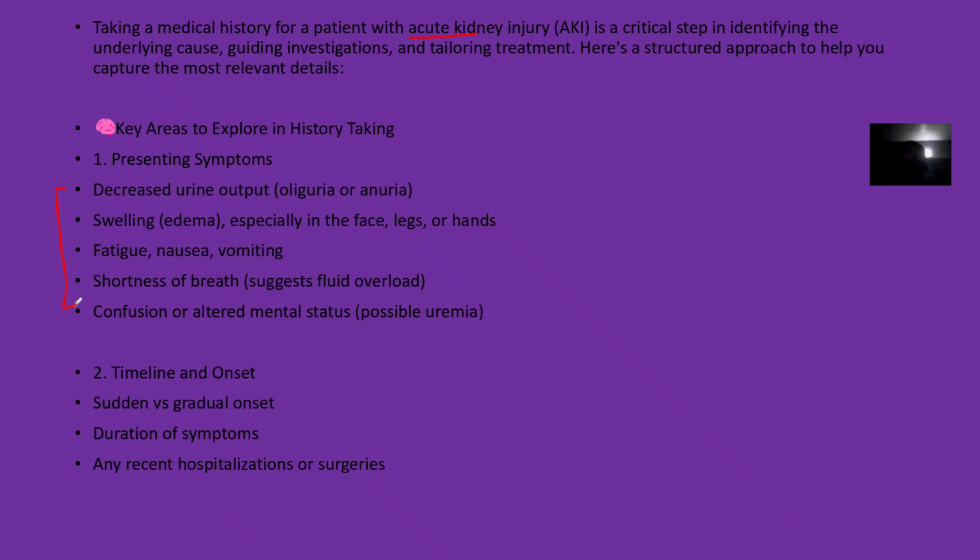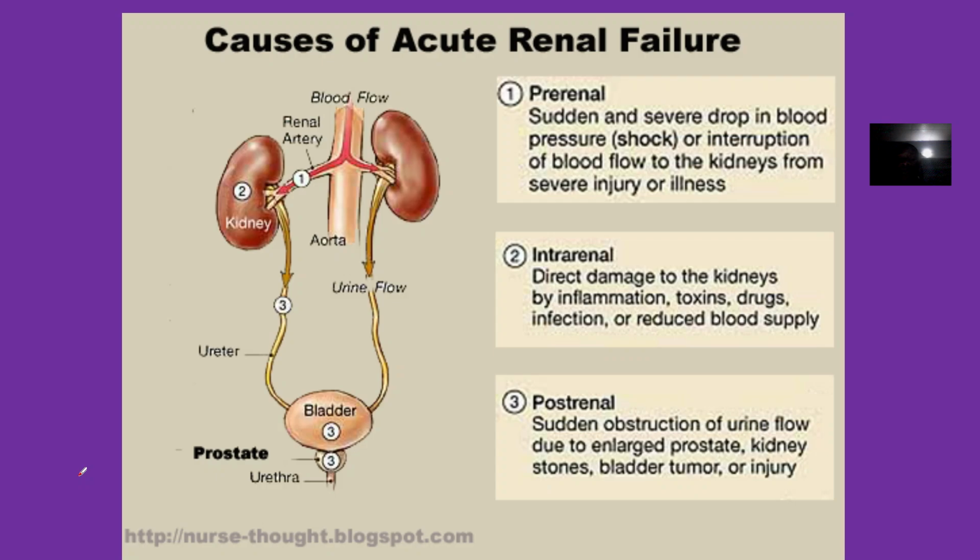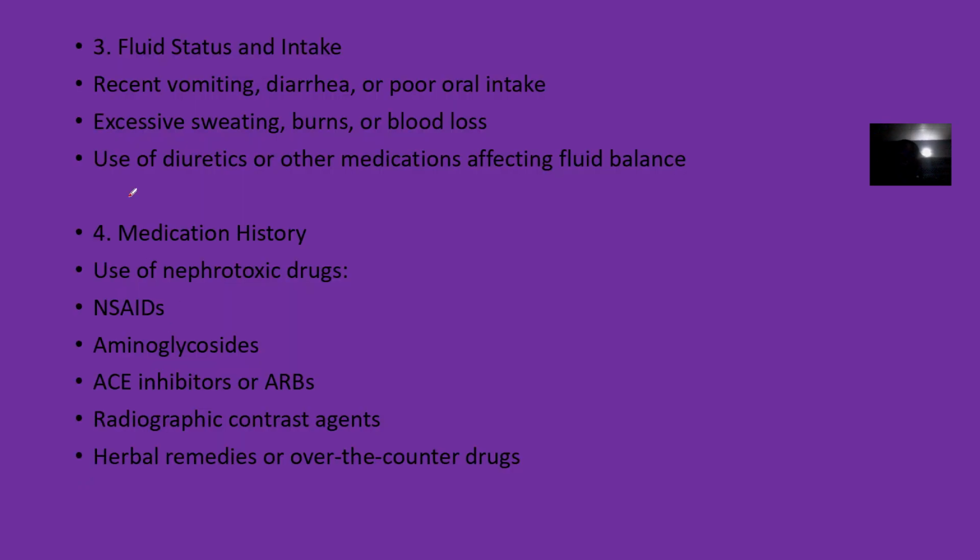You are trying to see if the individual is weak, if there are swellings in parts of their bodies, okay, the shortness of breath, confusion or altered mental status. Then you are trying to look at how it actually started. You are trying to look at the duration of symptoms. You understand? Okay.